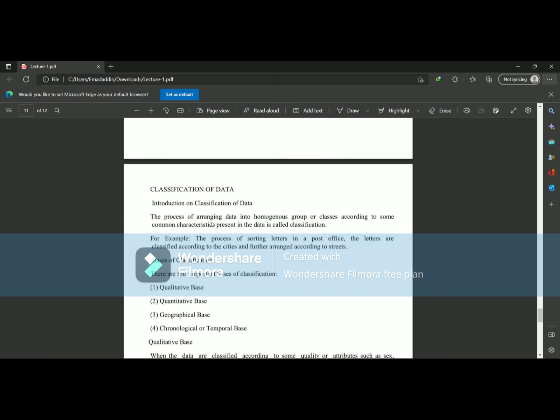The process of arranging data into homogeneous groups or classes according to some common characteristics present in the data is called classification. For example, in the process of sorting letters in a post office, the letters are classified according to the cities and further arranged according to the streets.